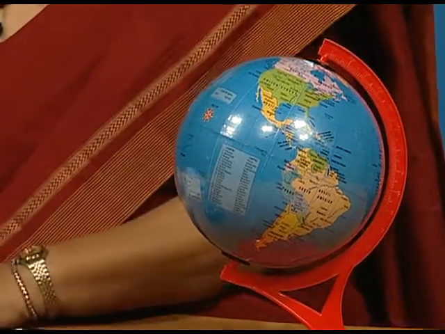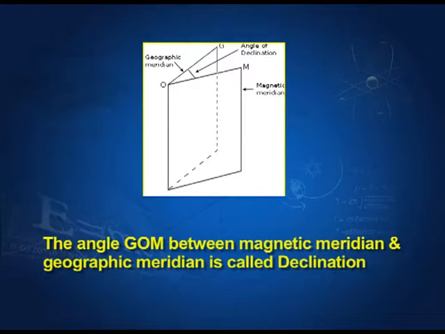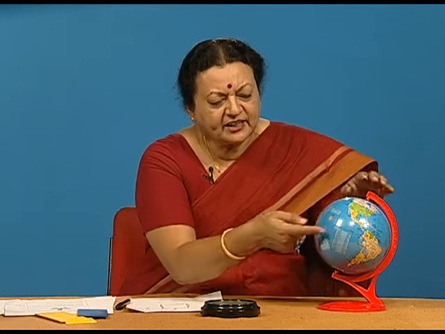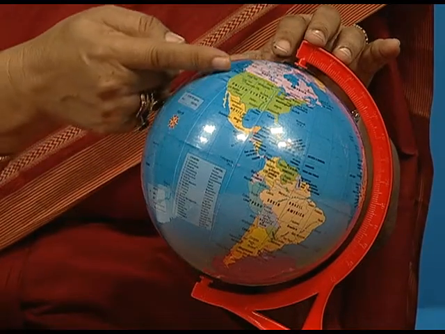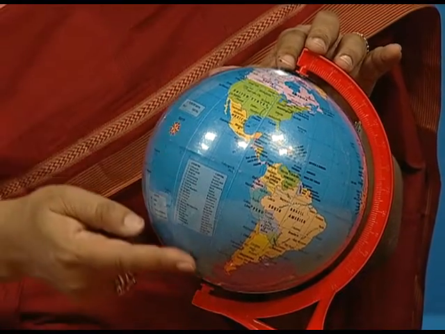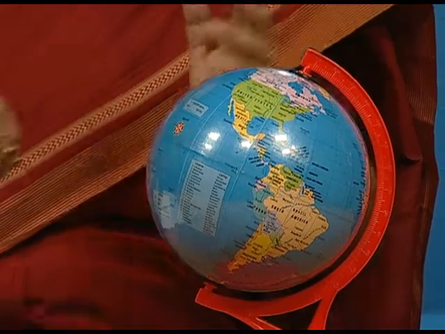If you look at it like this, if I mark a plane and this plane is showing me the geographic meridian, and making an angle with it is a magnetic meridian here like this. This angle is my angle of declination. Why is it relevant? Because declination is going to become greater and greater as we go towards the north pole or towards the south pole. At the equator, it is minimal.